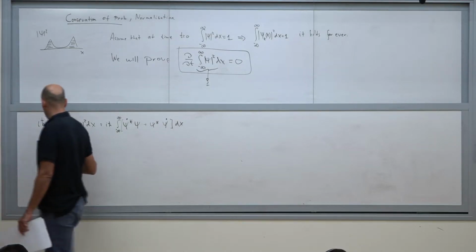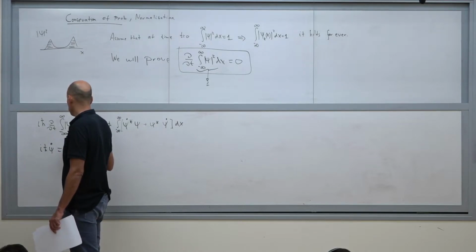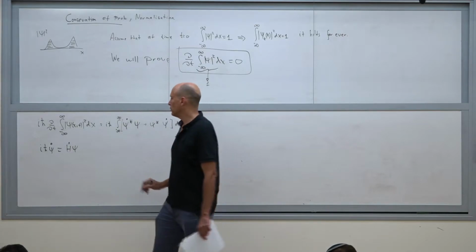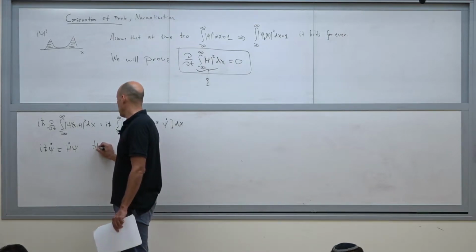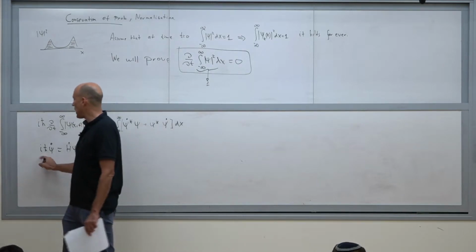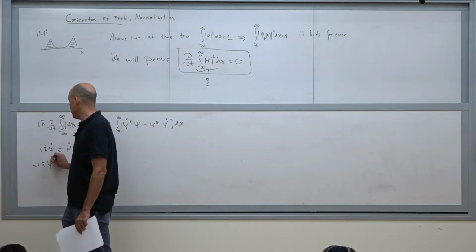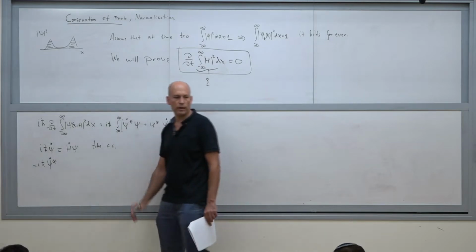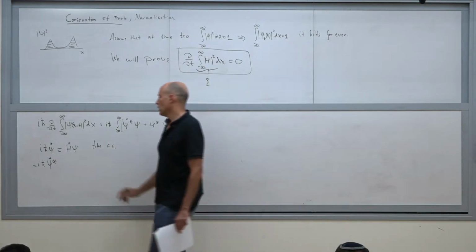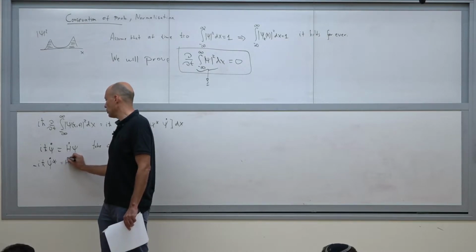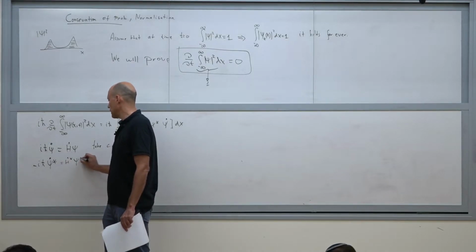This is the Schrodinger equation. If I take the complex conjugate, I get that i turns into minus i, so minus iħ times the time derivative of psi star is equal to H star, the operator H star, acting on psi star.